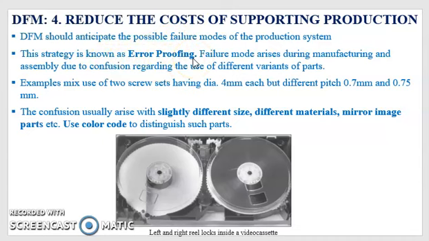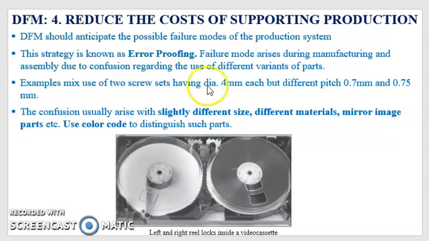One type of failure mode that arises during assembly is confusion regarding the use of different variants of a simple component. Examples include mixed use of two screw sets having diameter 40 mm each but having different pitch.